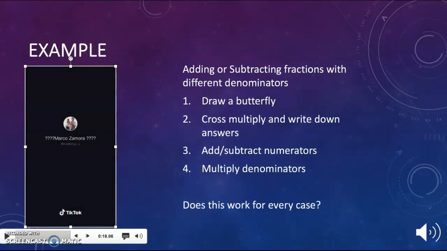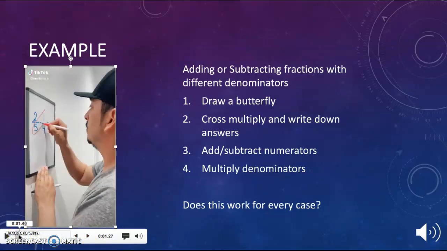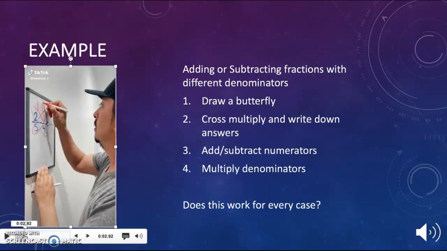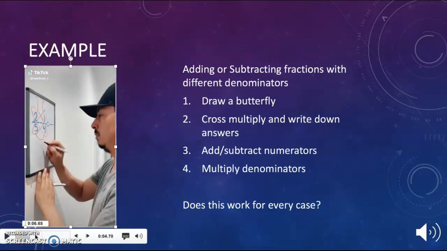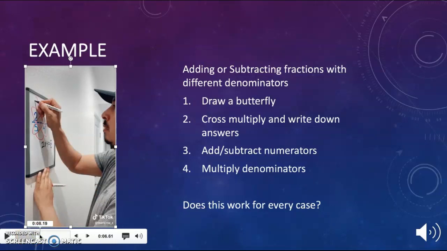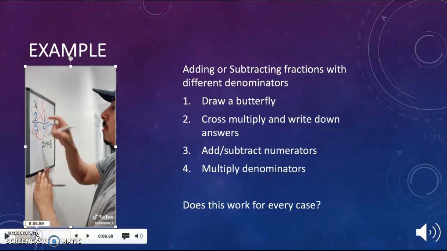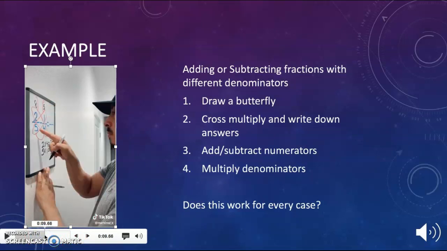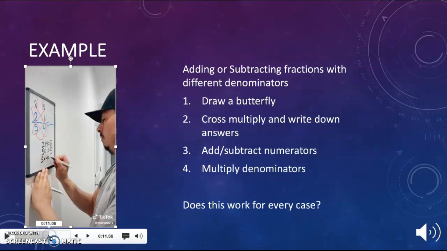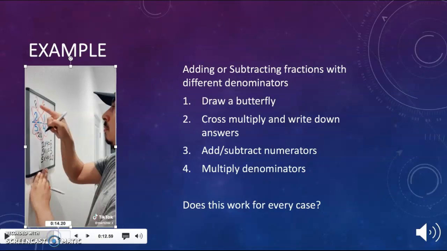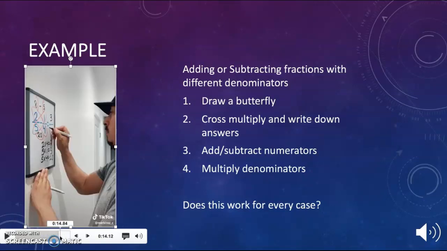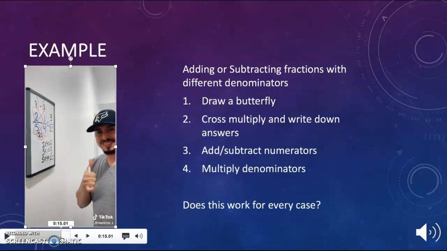They will first draw a butterfly around the numbers, and then they will cross multiply and write down their answers. 2 times 4 is 8, and then he writes the 8 right above there, and then 5 times 1 is 5, so he writes the 5 up there, and then he adds and subtracts the numerators and multiplies the denominators to get the answer. Oops. So the answer of 2/5 minus 1/4 would be 3/20.